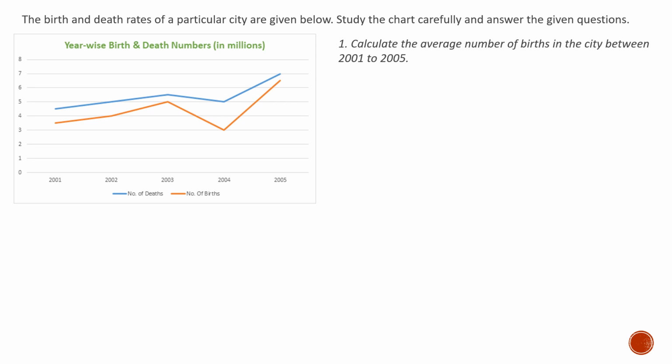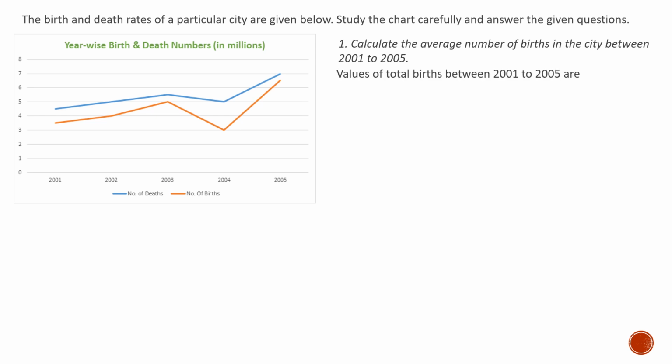First question, calculate the average number of births in the city between 2001 to 2005. So we have to add all the numbers of births from 2001 to 2005 and take the average, that is, divide by 5.